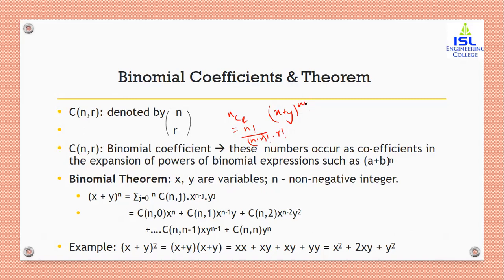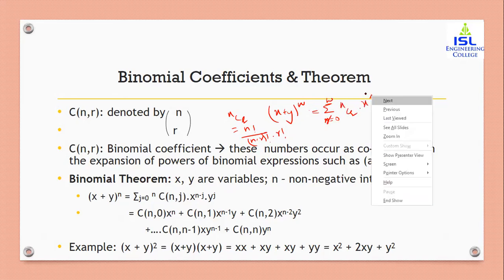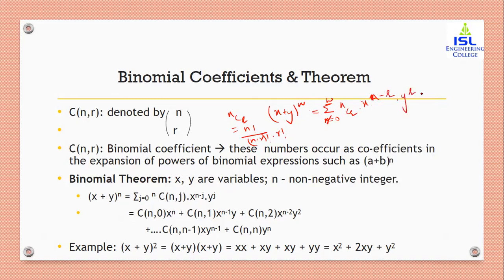That means it is either 0 or a positive integer, then in that case we expand it in the following way: sigma r equal to 0 to n, nCr into x^(n minus r) into y^r. Okay, so this is the way we expand it.